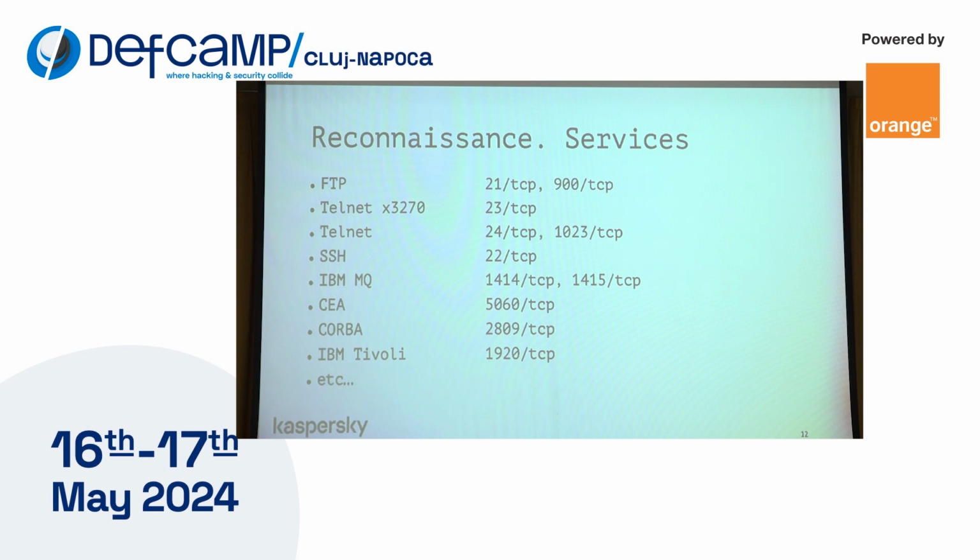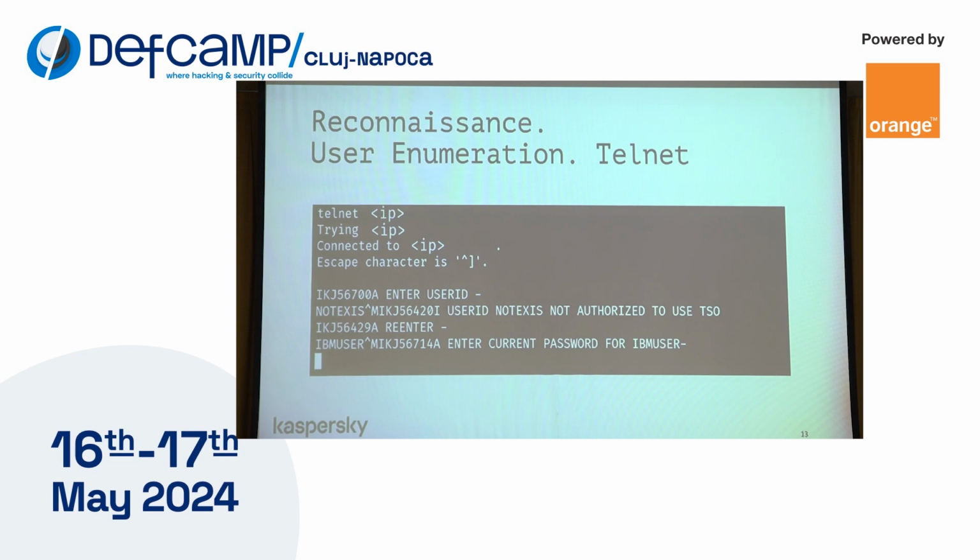They may contain keywords like z/OS, mainframe, IBM, and so on. Here is a very convenient feature of the standard Telnet service on the mainframe. It answers whether a user is allowed to log in to the mainframe or not. And as you may see, you may perform user enumeration by abusing this feature.